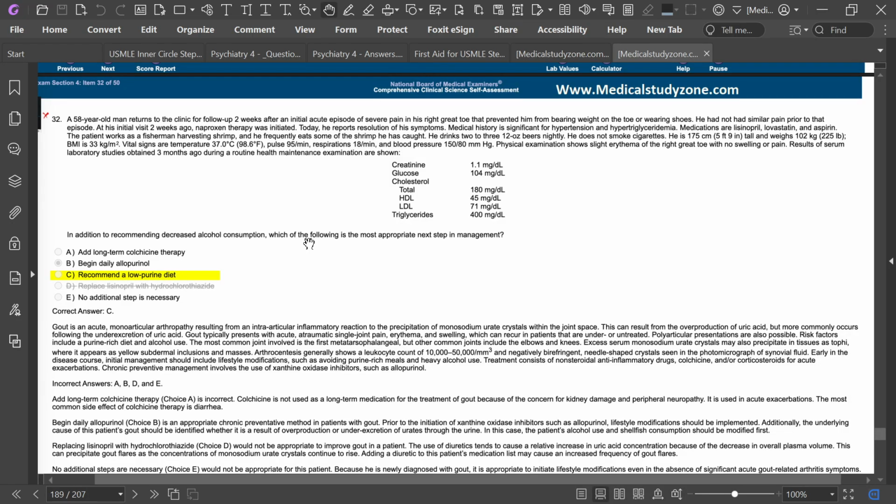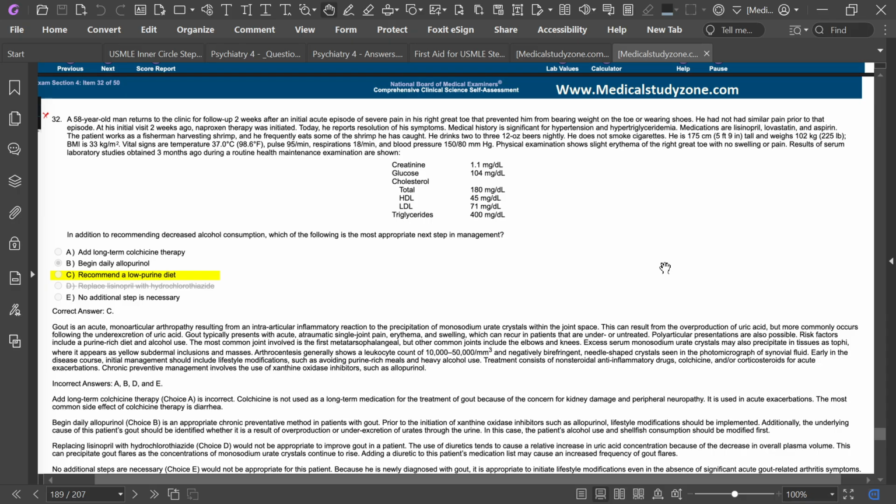Gout typically presents with acute atraumatic single joint pain, erythema, and swelling, which can recur in patients that are under-treated or untreated. Polyarticular presentations are possible. Risk factors include a purine-rich diet and alcohol use.